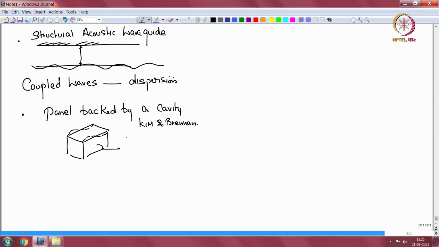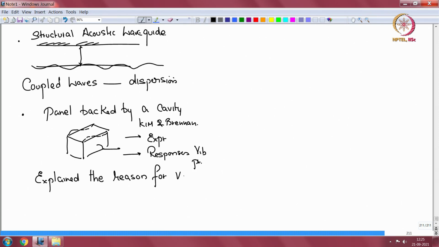So we derived expressions and we looked at responses, that is vibration and sound pressure. Then we explained the reason for values of coupled resonances.